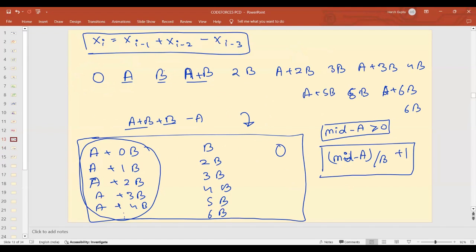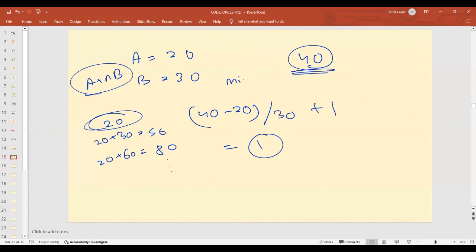So can I say that the count of numbers of A plus nB type that are lesser than or equal to mid is 0 if mid minus A is lesser than 0? Let's suppose the value of mid I gave you was 10 instead of 40. How many numbers of those types would exist? The numbers are A plus B, A plus 2B, something like this.